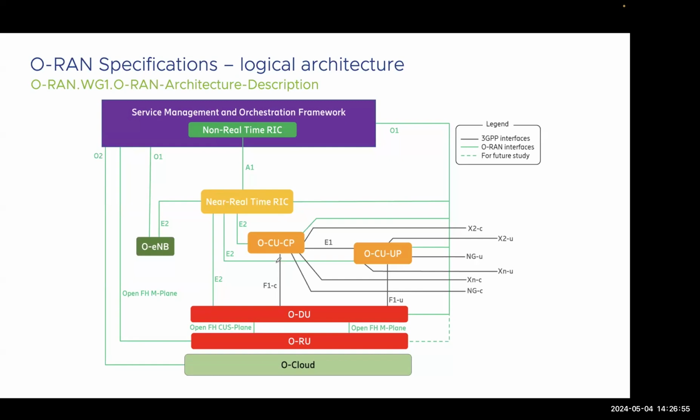A second part of the software is the CU, centralized unit, with user plane and control plane. And if you remember when Karim spoke 2 weeks ago about CUPS, it's the same concept again, splitting the user plane and the control plane into two different entities.